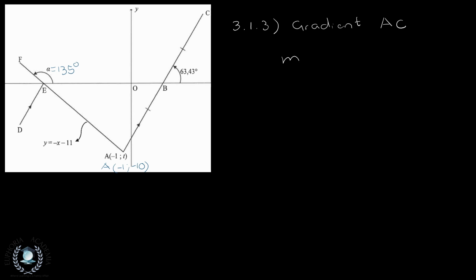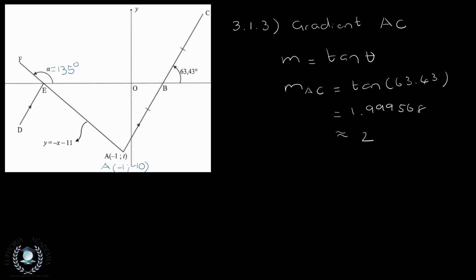So we're still going to use our formula for the angle of inclination. m is equal to tan theta, and in our case we're looking for m, or the gradient of AC, and the tan, well, we're given the angle as 63.43, and that is going to give us 1.99958, which to the nearest whole number is 2.